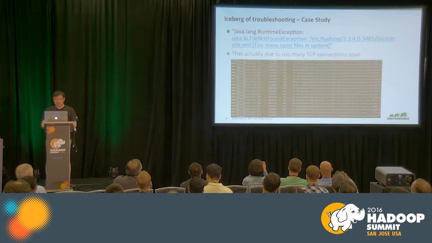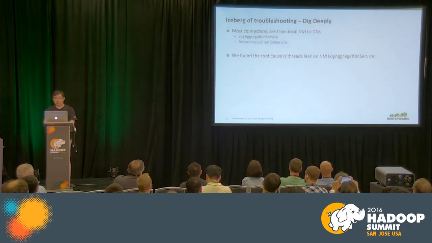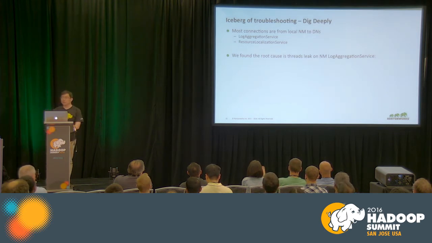That's the beginning, and gradually we found the actual reason is too many TCP connections, because every TCP connection will have a temporary file cached locally. So this is a networking issue. But if we dig in deeper, we find most connections are from the local node manager to the data nodes.